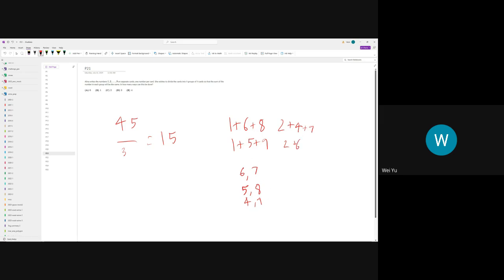So we must use 6 plus 7. In case you were wondering, the third group is going to be 3 plus 5 plus 7 here, and here it's going to be 3 plus 4 plus 8, both of which sum to 15, so we have 2 ways to do it.